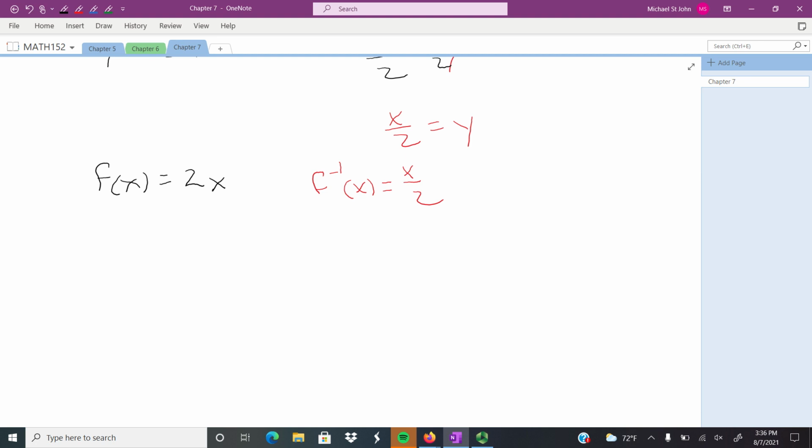So finally, to write the inverse, we flip-flop the x and y.